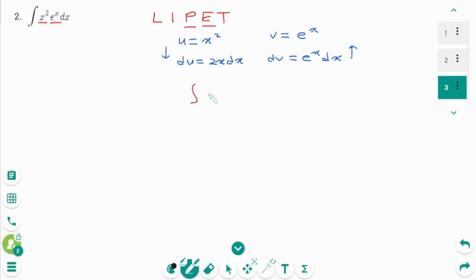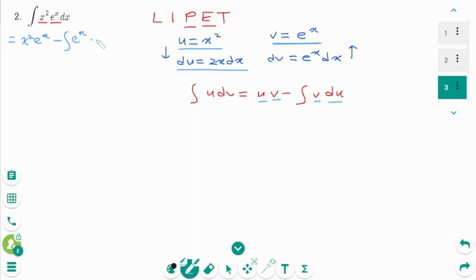Use the formula, the integral of u dv equals uv minus the integral of v du. Then back to the original, u is x squared, v is e to the power of x, minus the integral of v, e to the power of x, du, 2x dx.